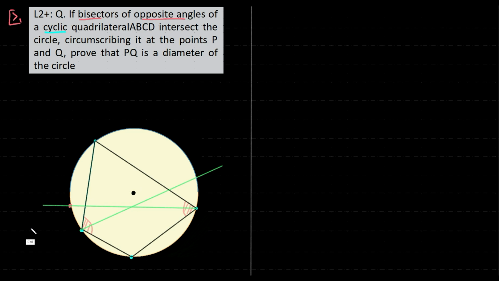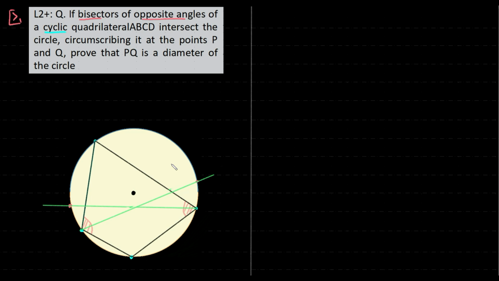Let me explain this. I'm trying to draw a better diagram, that's all. Okay, so we have the two angular bisectors.